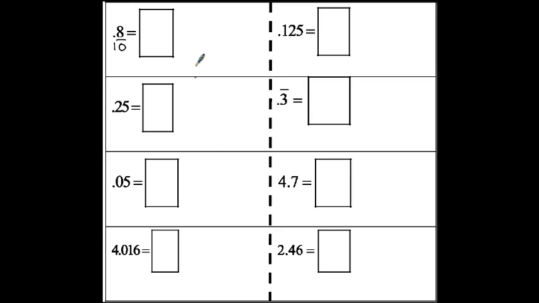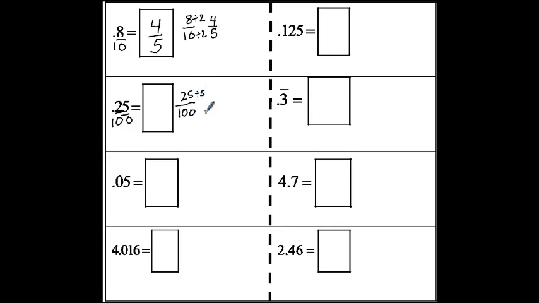8 is in the tenths place, and we are going to write 8/10, and the decimal's not there anymore. It's replaced by the fraction bar, and we're going to simplify by 2 to get 4/5. We have 25 in the hundredths place, so we have 25 hundredths.